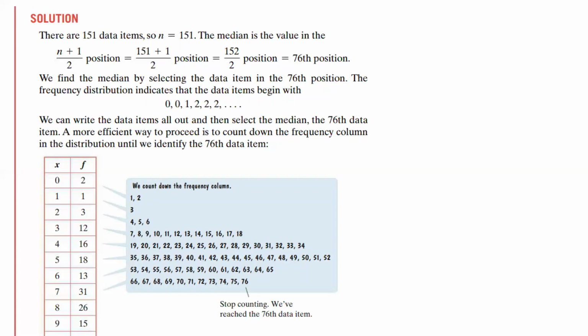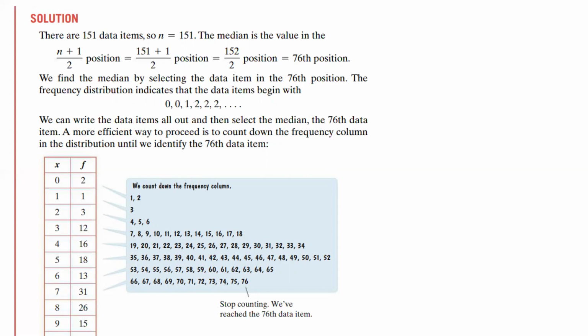I look at my data points, I have 2 zeros, so I would put 2 into my calculator. Then I have 1 one, so I would add 1. Then I have 3 twos, so I would add 3. Now I'm at 6, so I'm not anywhere close to 76. I would repeat this process of adding numbers down my table.